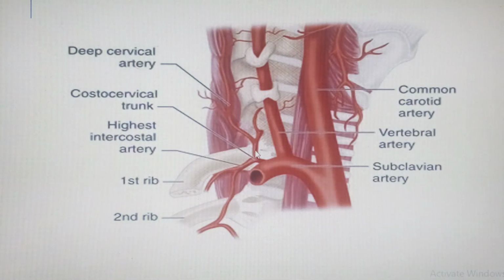One is more related to the head area, that's why we call it capitis, and the one related more to the neck area is the cervicis, so it supplies these muscles.